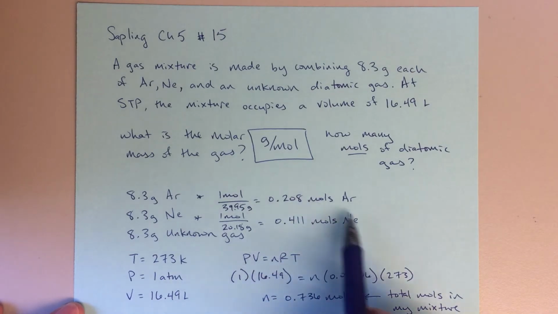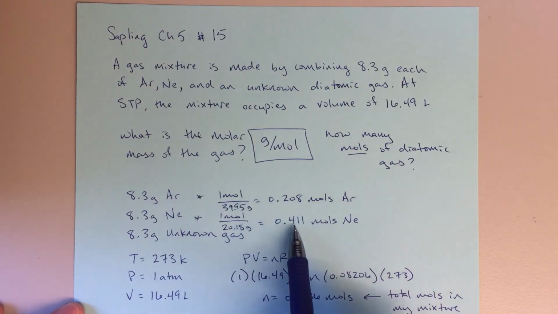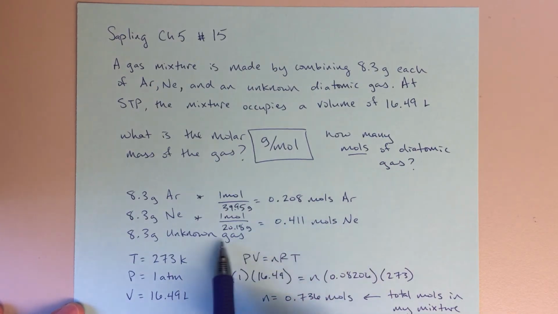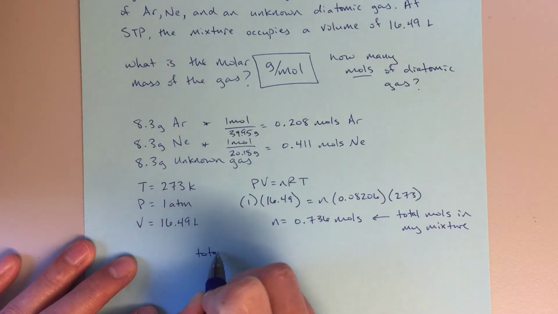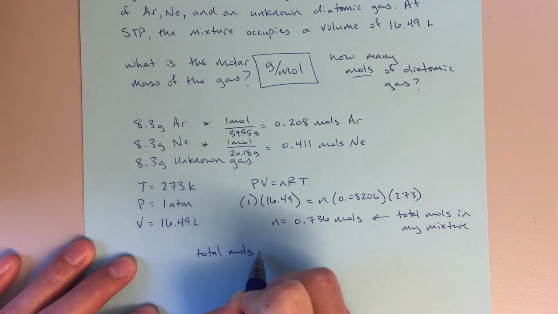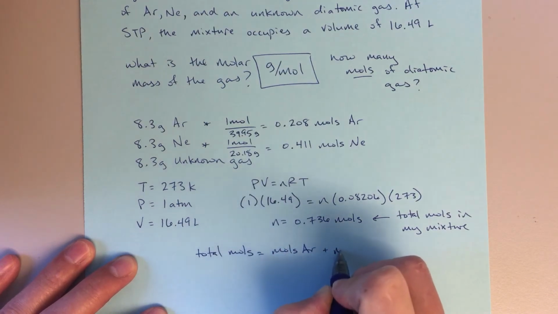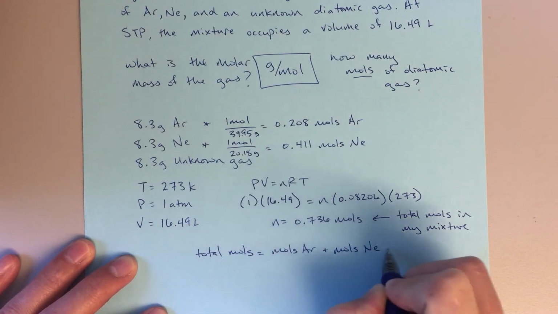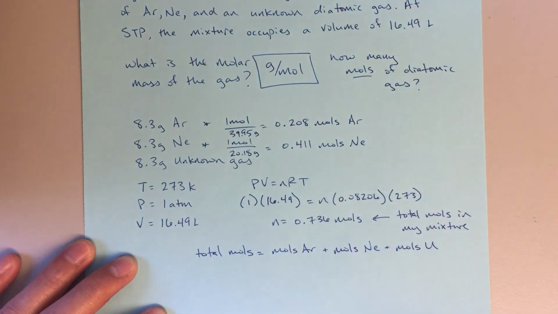I can now use this other information to solve for the moles of my unknown gas. So 0.208 plus 0.411 plus whatever my moles of unknown gas should equal this 0.736. So we could rewrite that as total moles equals moles of argon plus moles of neon plus moles of U, where U is my unknown.